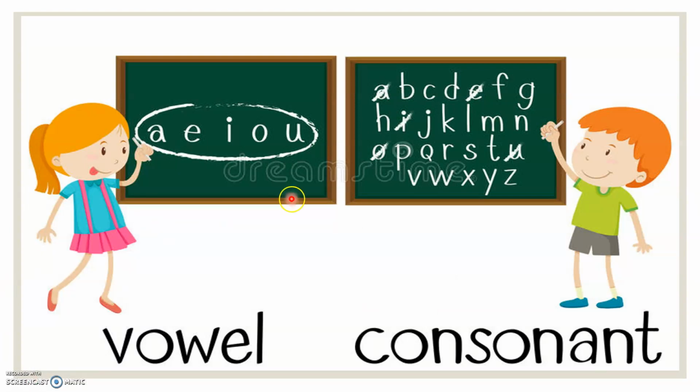Okay, what are the vowels? The vowels are A, that says A, E, that says E, I, that says I, O, that says O, and U, that says U. These are the letters that make the sound to the word.